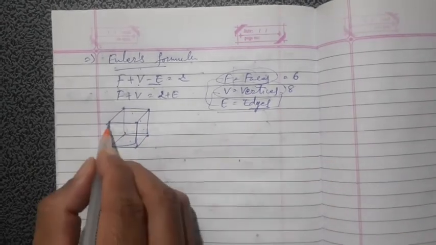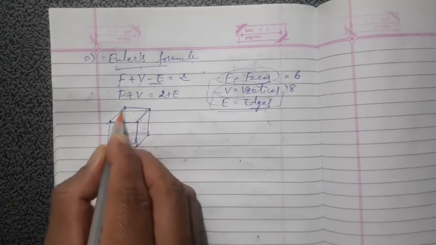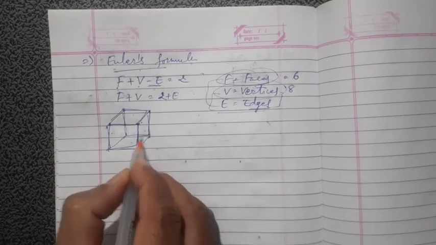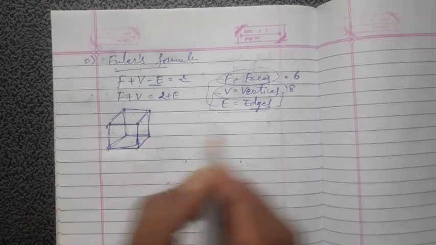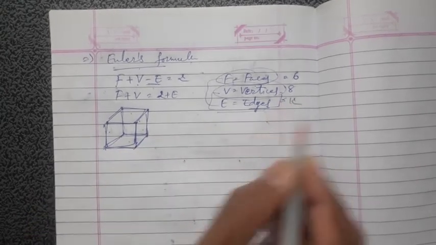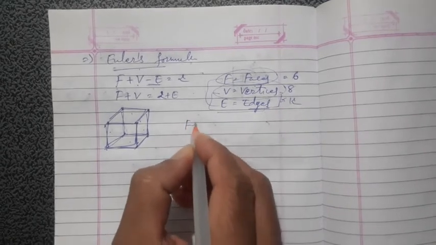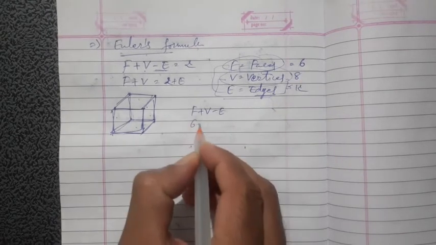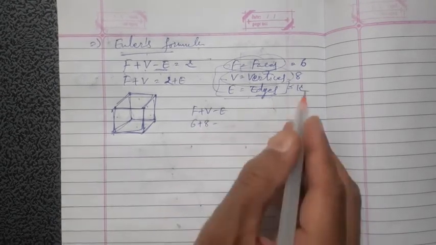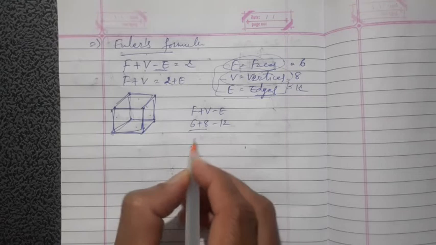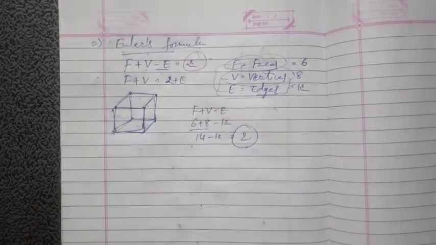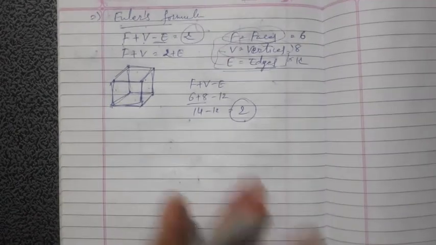And edges, 1, 2, 3, 4, 5, 6, 7, 8, 9, 10, 11, 12, they are 12. Now look, F plus V minus E: 6 plus 8 minus 12. 6 plus 8 is 14, minus 12, that is 2. It's verified here.